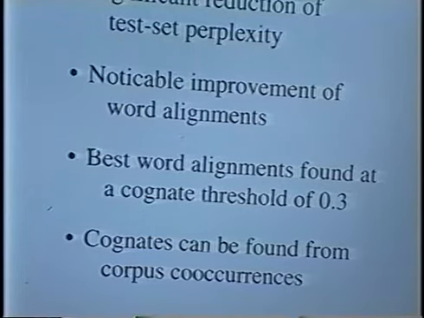So it's worth investigating why this happens. We'd like to think that it's because this is actually where the real cognates stop. And it's worth investigating why test set perplexity continues to drop with more additions. And we found that cognates can be found starting from only corpus co-occurrences. It's not necessary to have a dictionary, strictly speaking, to generate cognates.